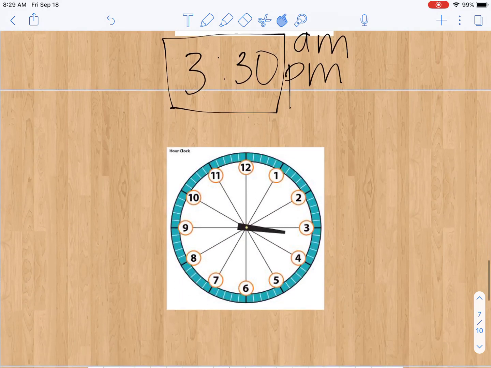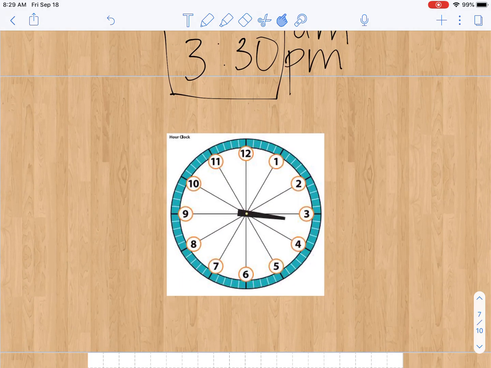Let's take a look at another clock. Ooh, this one is a little tougher. What time do you think this clock is showing? All right, some of us might be saying 3:10 or 3:15, or some of us might just be saying we know it's somewhere between 3 and 4 o'clock.